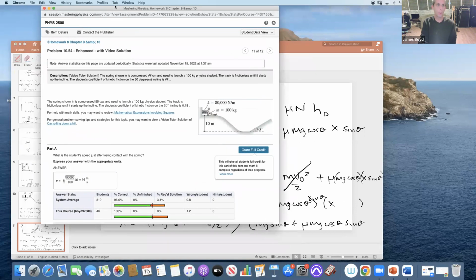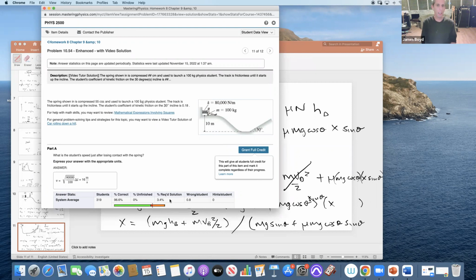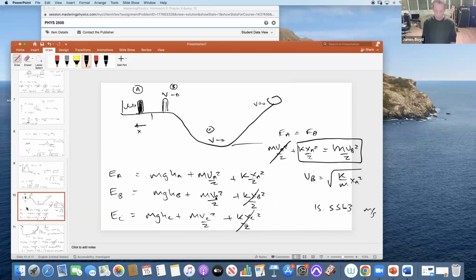I'm going to try to make this so that I can see what I'm doing. So mgh_B, h_B is 10. That is 100 times 9.8 times 10 plus m, which is 100, times 0.5 or divide by 2, times, remember v_B was 15.5563 times 15.5563.